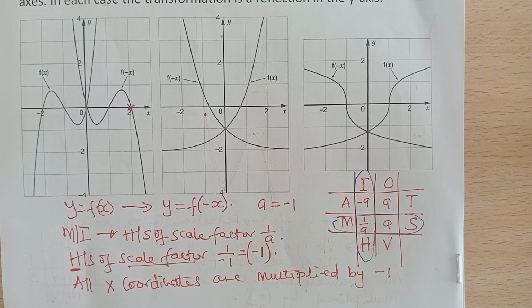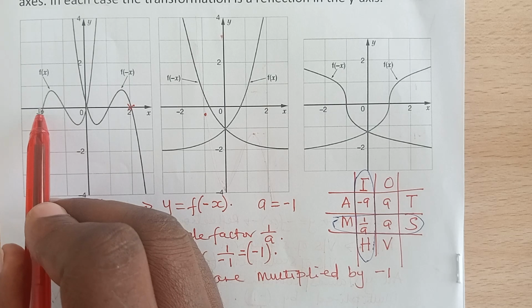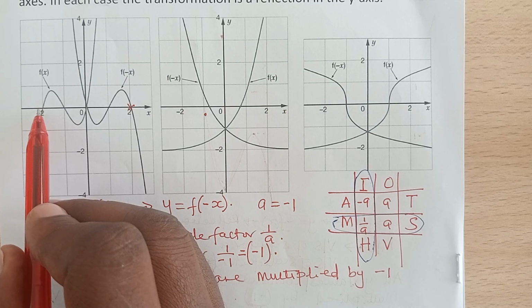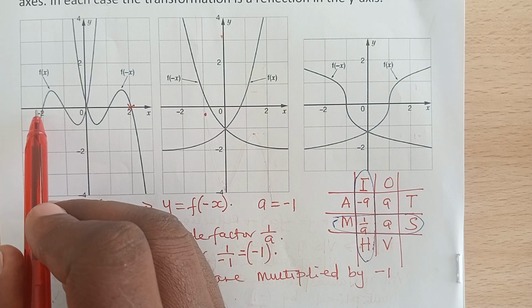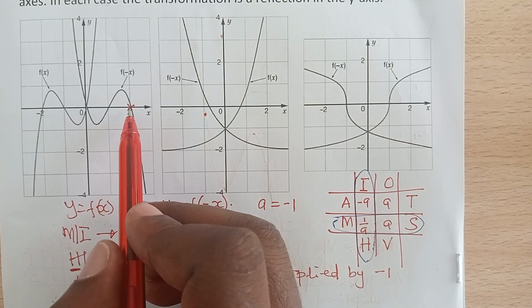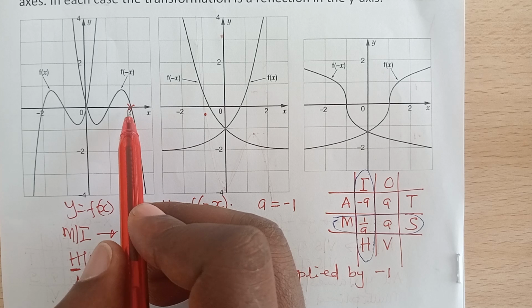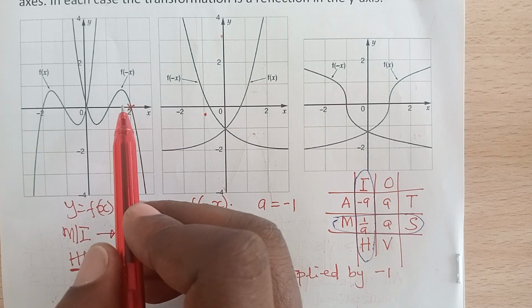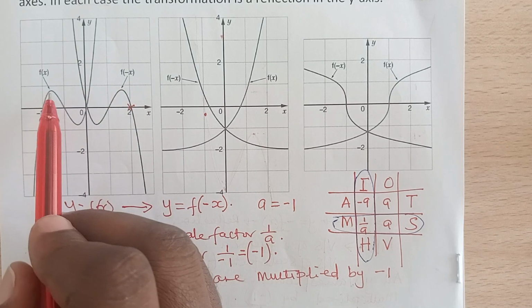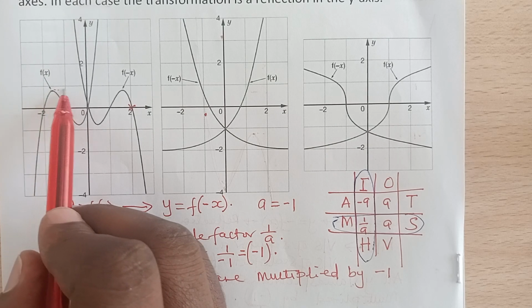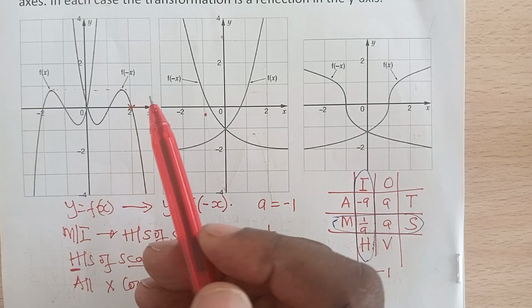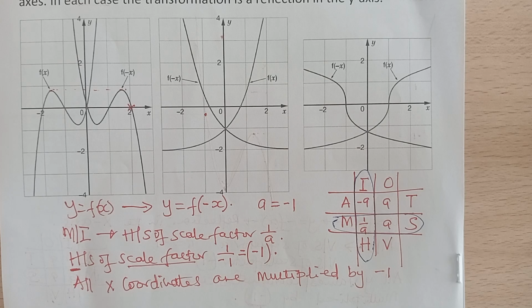Even when x was negative 2, y was 0. When we multiply x by negative 1 to give positive 2, y is still 0. Y is not changing. Even when we cross to the other side, the y coordinates are not changing.